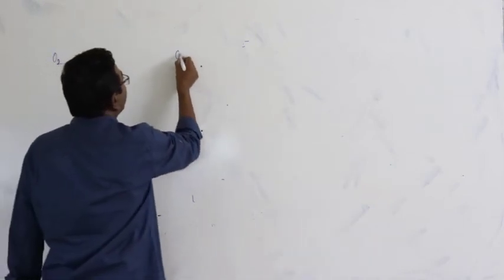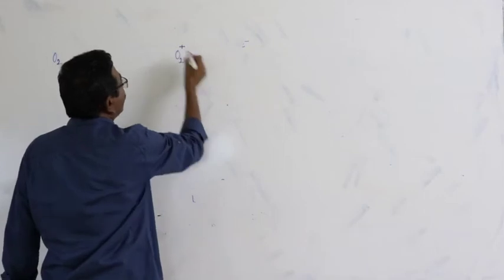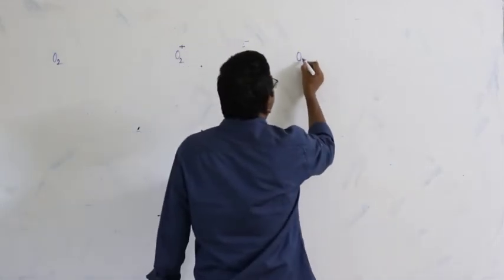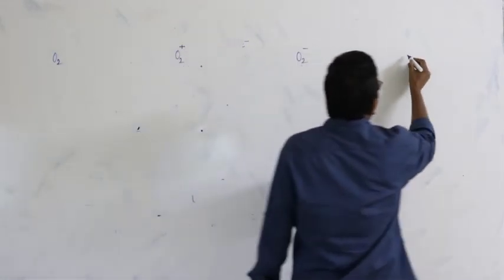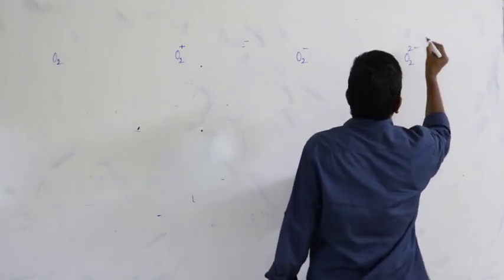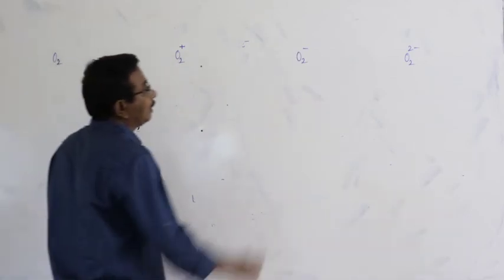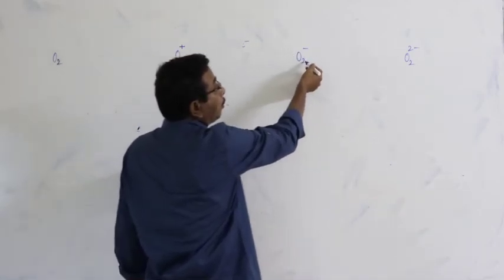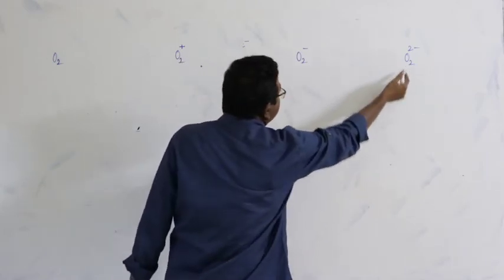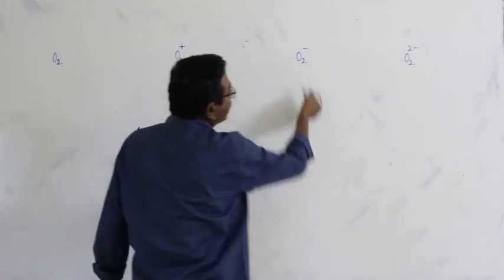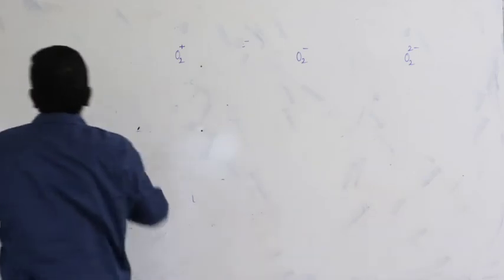O2, O2 plus, O2 minus, O2 2 minus. This is the oxygen molecule, this is the oxygen ion, this is the superoxide ion, this is the peroxide ion.